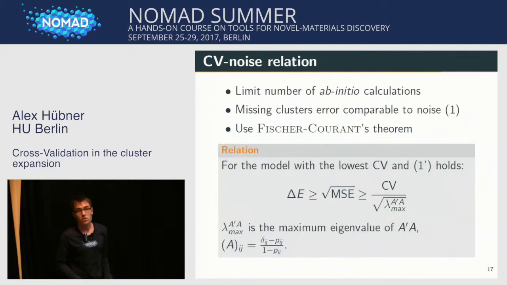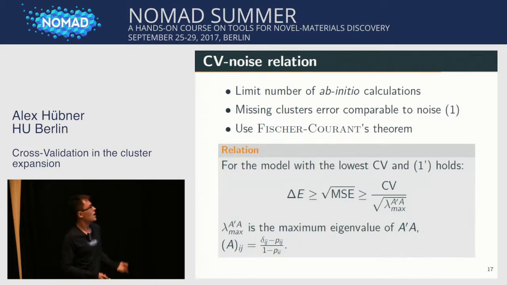The third point I want to stress is that we found a CV-noise relation. We aim to limit the number of ab initio calculations for our model building, because we often encountered the situation that even though we raised the number of ab initio calculations, our prediction did not become much better.